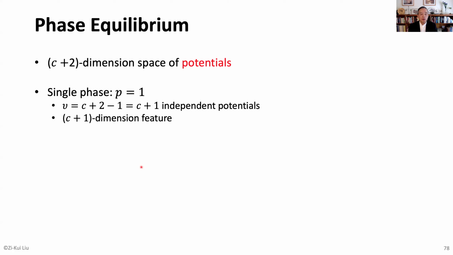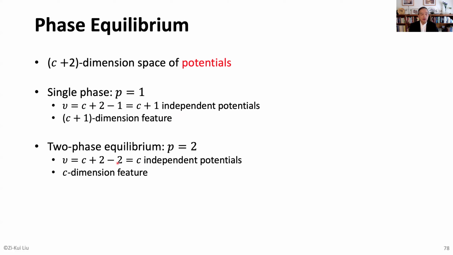For a single phase, P equals 1, then nu equals C plus 2 minus 1, equal to C plus 1 independent potentials. So that's a C plus 1 dimensional feature, which is what we used to define the phase. Now if we have two phases, P equals 2, then the number of independent potentials decreases by 1. So C plus 2 minus 2 equals C, and it becomes a C dimensional feature.